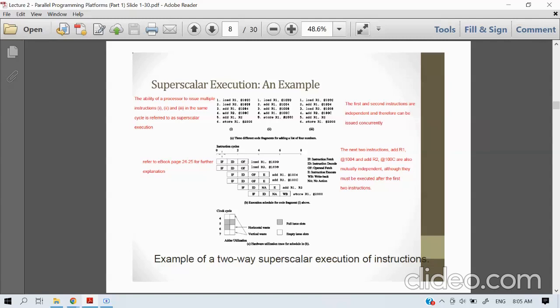Here, IF stands for instruction fetch, ID is instruction decode, OF is operand fetch, E is instruction execution, WB is write back, and NA is no action. So this is the time frame from 0 to 8, right?